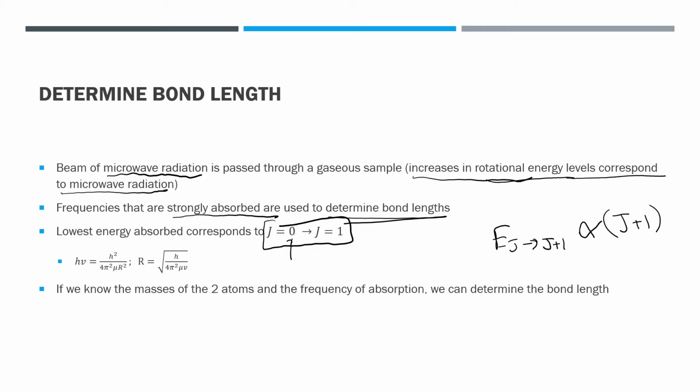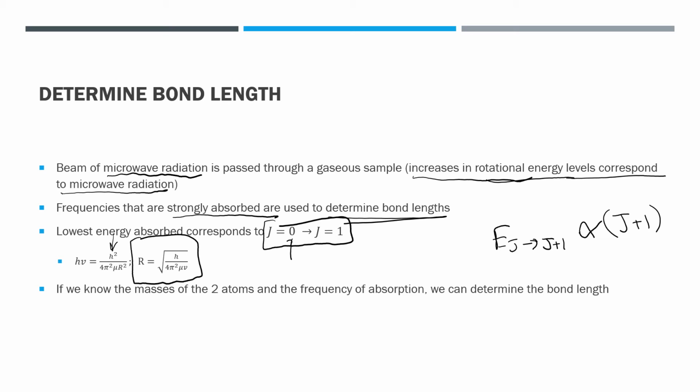If we take that expression we got before, h squared over 4 pi squared mu r squared, which is the expression for going from E of 0 to 1, and set that equal to the energy of a photon, we can solve for our bond length, R. Just by rearranging, we get R equals the square root of Planck's constant over 4 pi squared mu times the frequency that was absorbed.